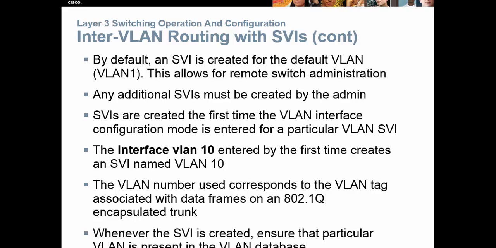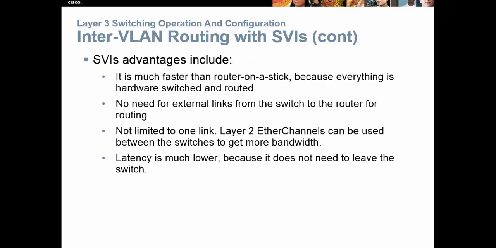An example is that entering interface VLAN 10 for the first time creates an SVI named VLAN 10. The VLAN number used corresponds to the VLAN tag associated with data frames on an 802.1Q encapsulated trunk. Whenever the SVI is created, it ensures that particular VLAN is present in the VLAN database.